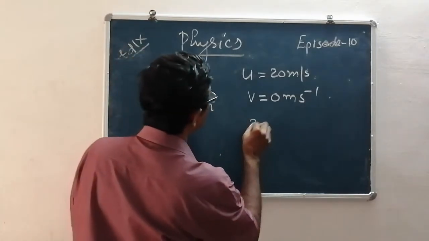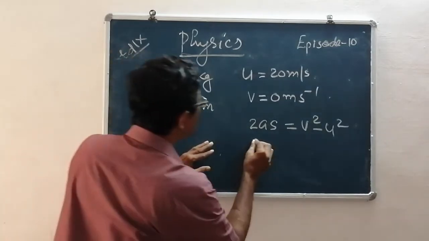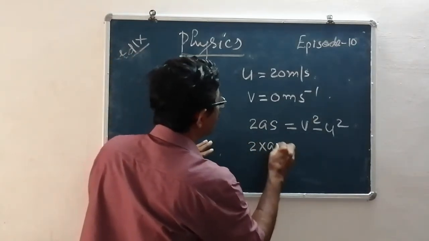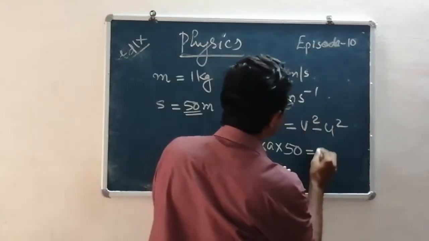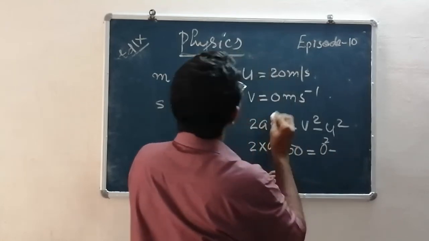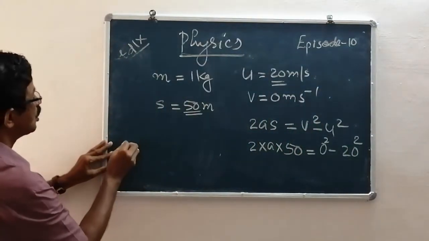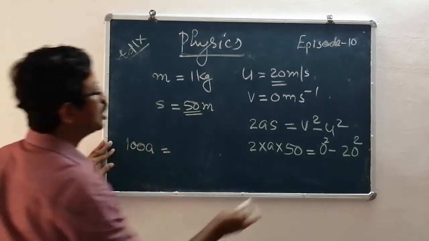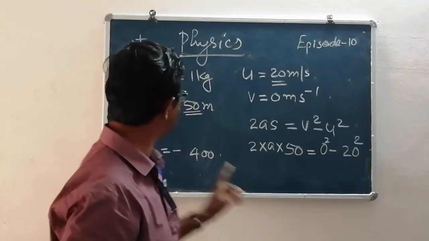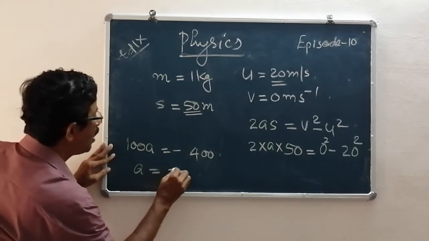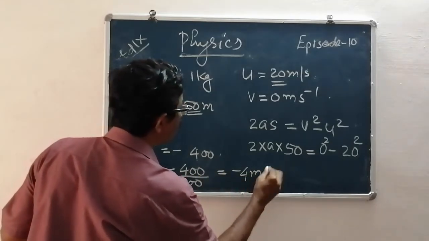We can use the relation 2as equals v squared minus u squared. Here s is 50 meters. So 2 into a into 50 equals 0 squared minus 20 squared. This 20 is positive, so its square is 400. So 100a is equal to minus 400, and a is equal to minus 400 divided by 100, which is minus 4 meters per second squared.